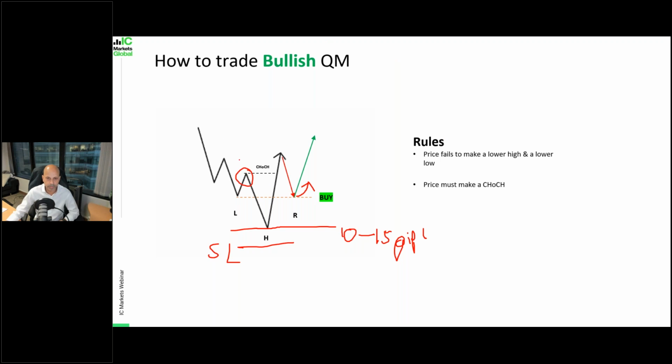If you are able to spot this pattern on the 1 hour chart, 15-minute chart, or any other time frame, that's more important, right? The strategy doesn't really have a specific time frame where it works better. As long as you are able to identify the patterns and you can see this pattern being invalidated by seeing the change of character, that's more important.